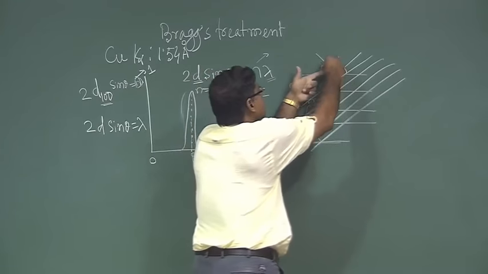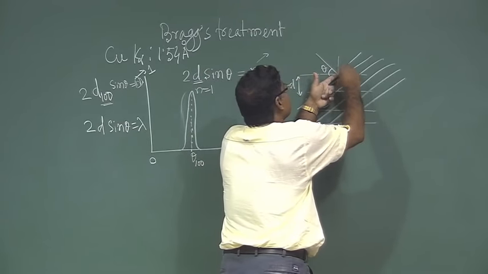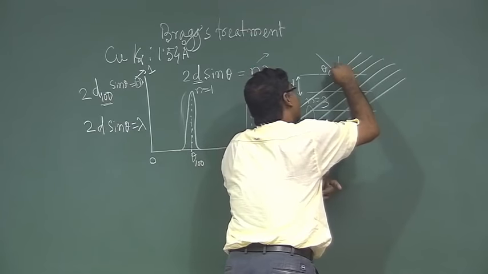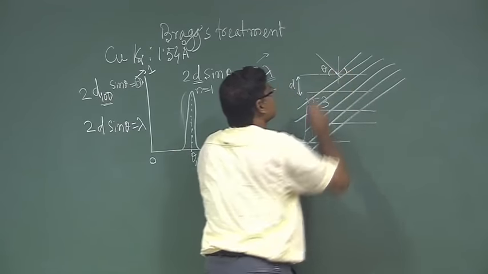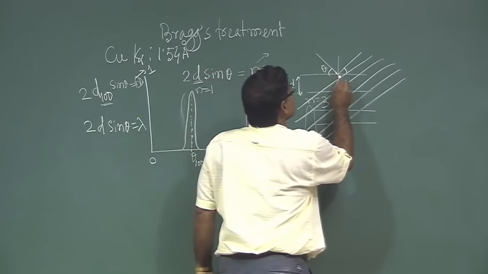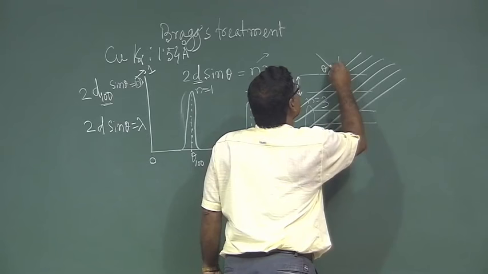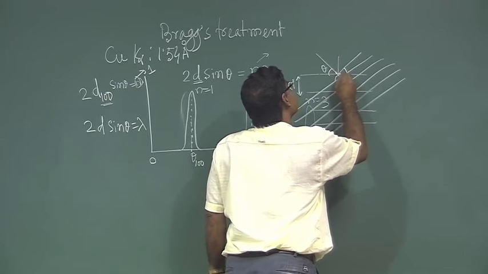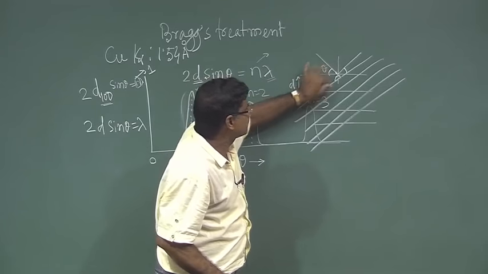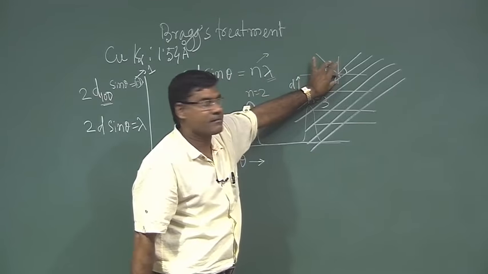So, this X-ray is falling on this plane and getting reflected, right. This X-ray will fall on this plane also, and now you can see for this plane this angle is different from the earlier angle, right.